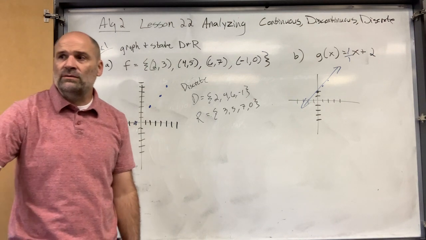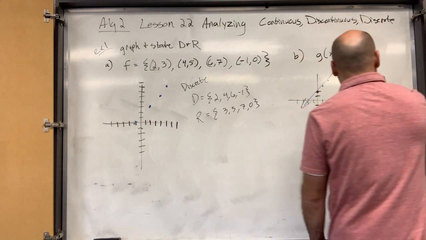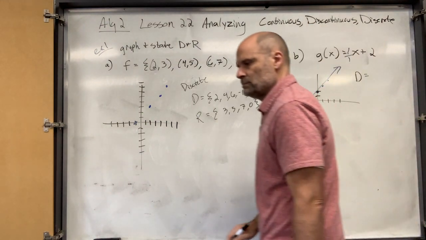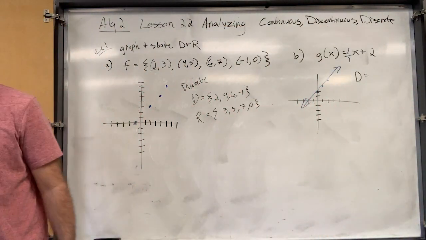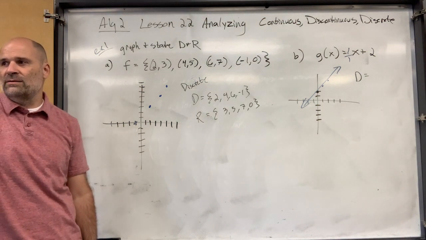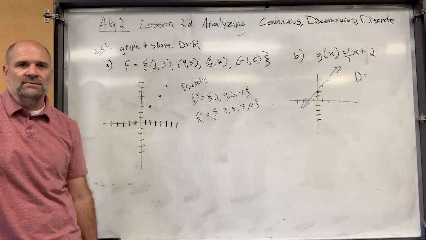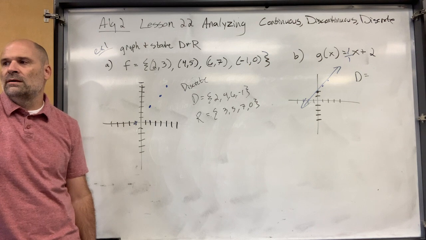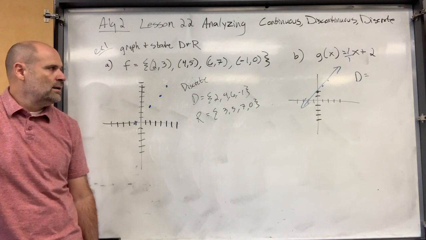Okay, so what's the domain and range? What's the domain? What are the x values of this line? 0, 1, 2, 3, 4, 5.